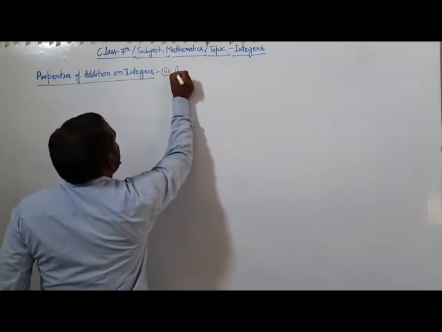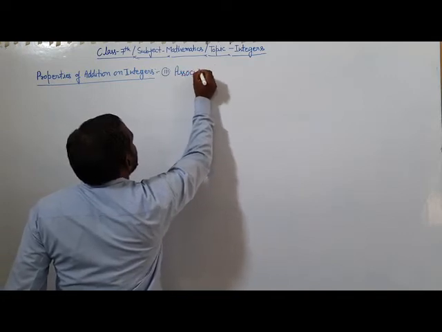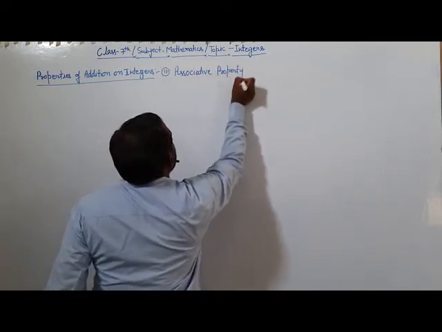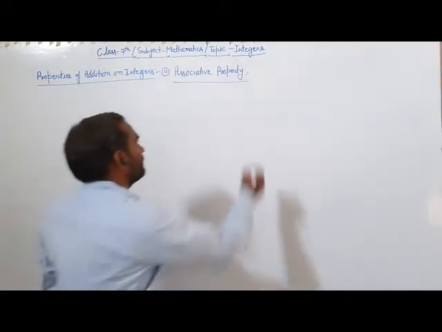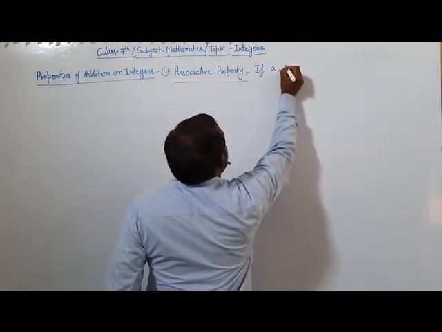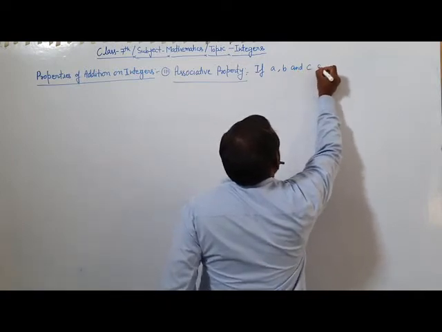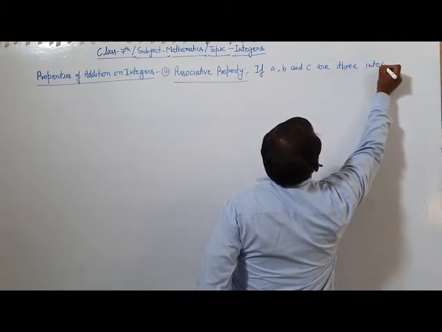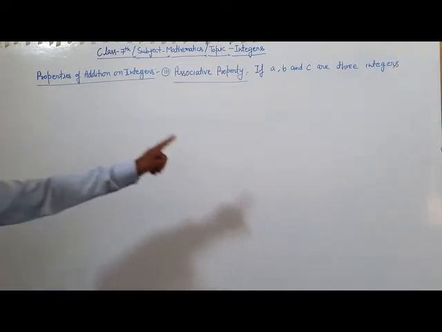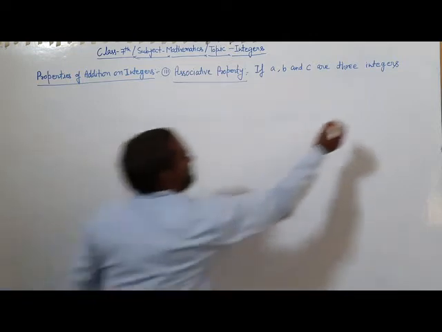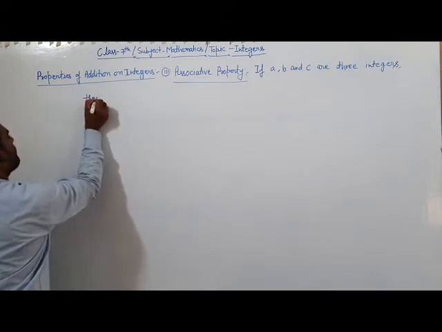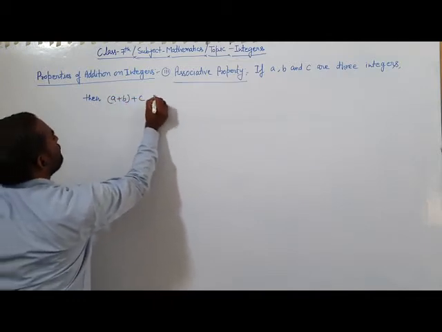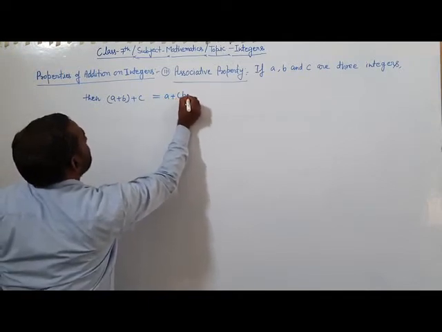If a, b and c are three integers, then a plus b plus c is equal to a plus b plus c, with the grouping changed.